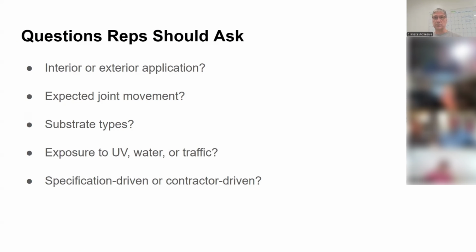Expected joint movement, which product to use, substrate types, UV exposure, water, whether they're continuously submerged, traffic exposure, is the project spec driven or is it contractor driven? You're probably going to have a different conversation with a contractor than you may with, say, an architect. So we want to be able to talk to either one of them.